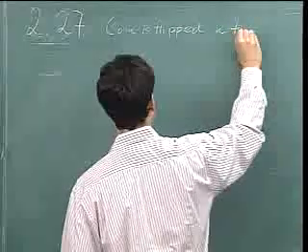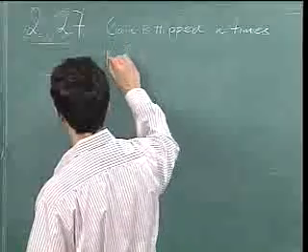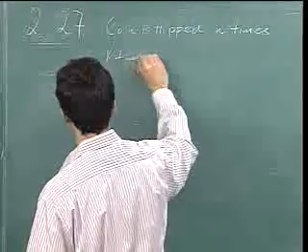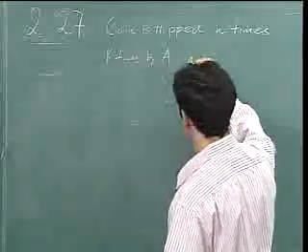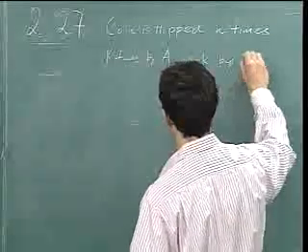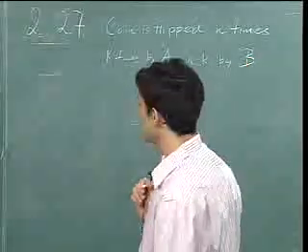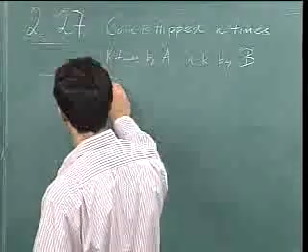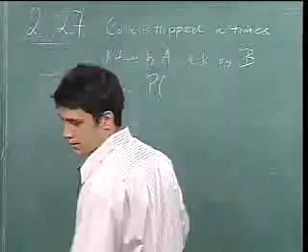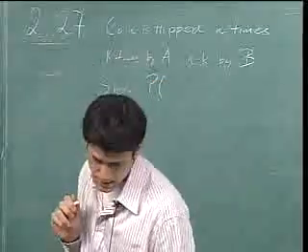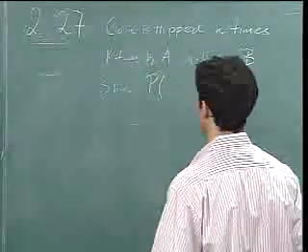Out of those, k times by player A, and the rest, n minus k, by player B. And we want to show that the probability that A and B flip the same number of heads is equal to the probability that there are a total of k heads.